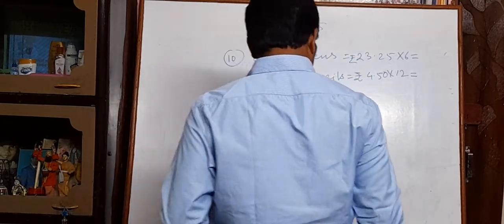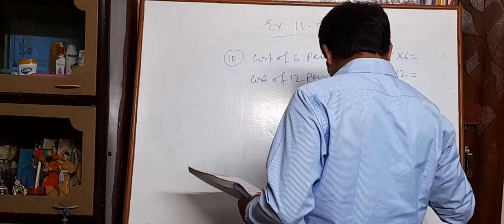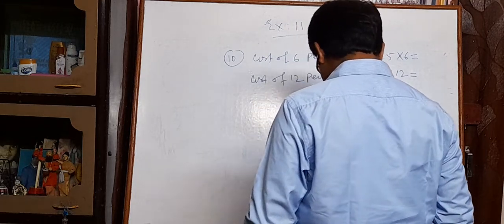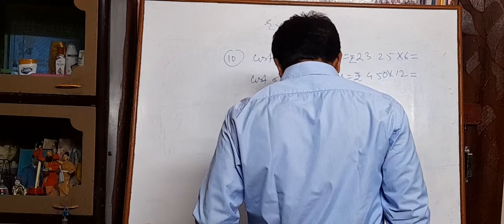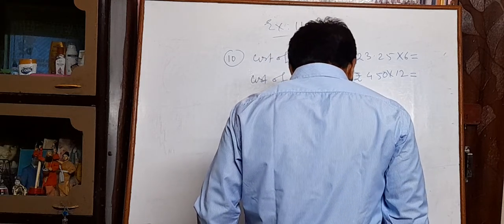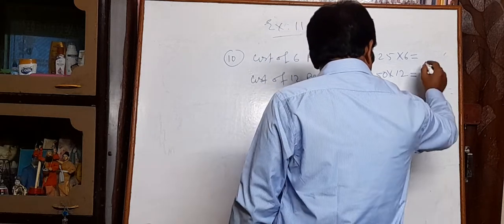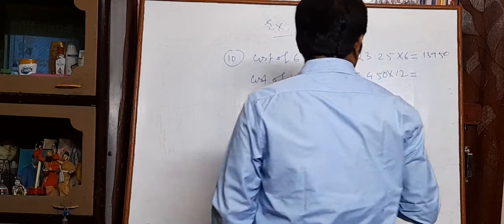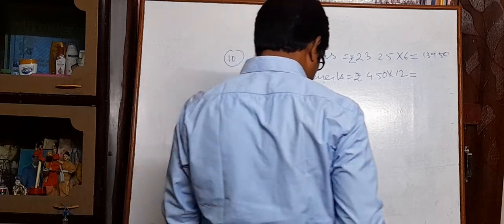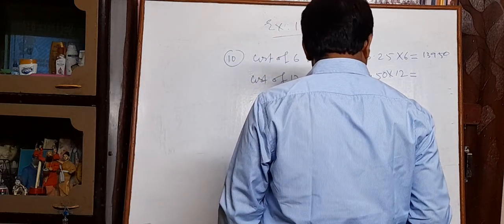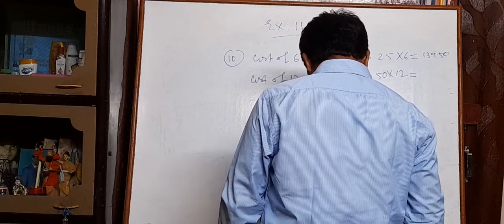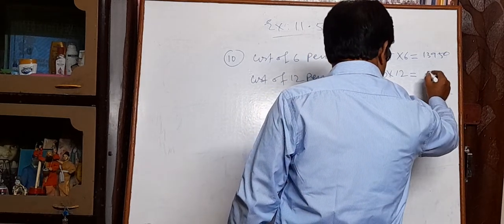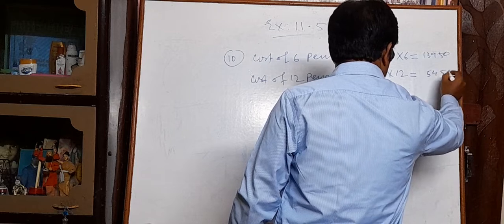So after multiplying, how much are we getting? 23.25 into 6 will be 139.50, and 4.50 into 12 will be 54.00.